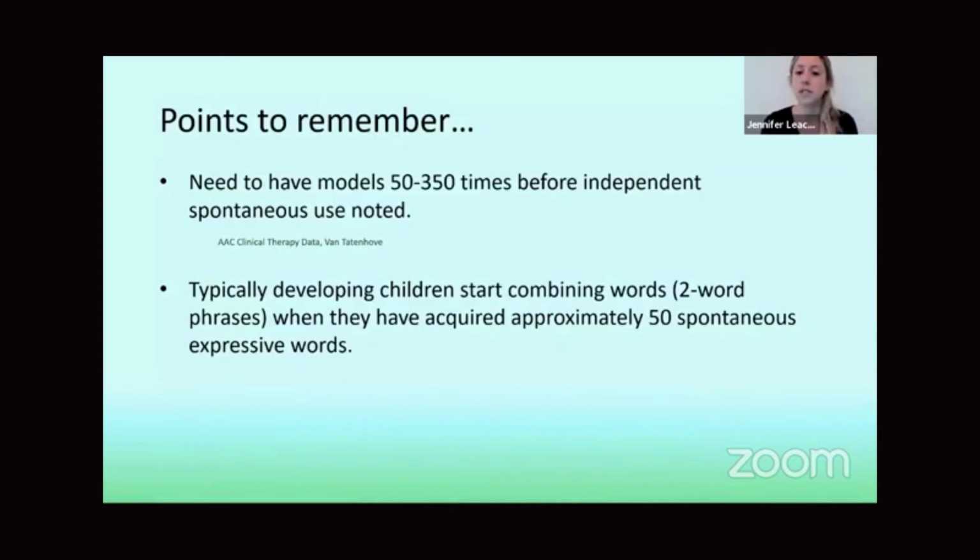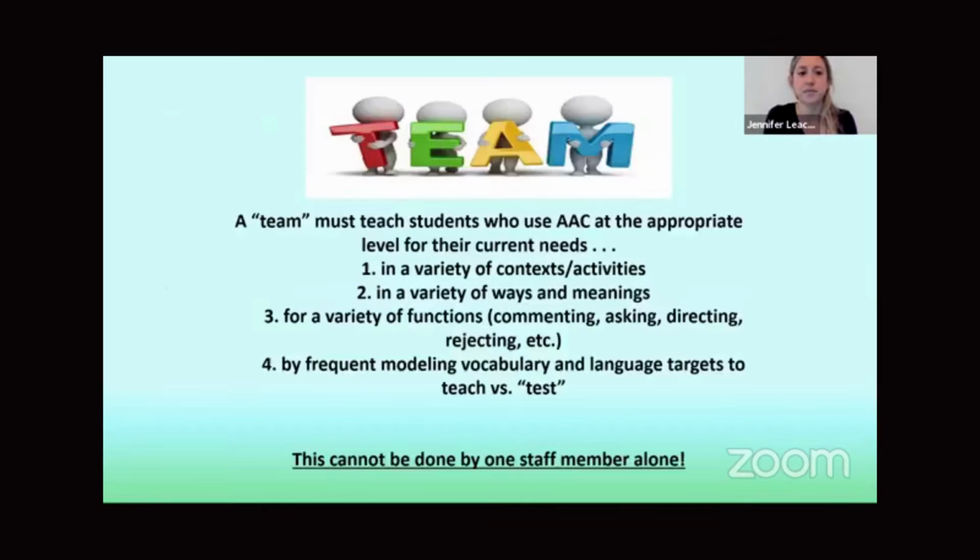So an individual first needs to have 50 expressive words, so they must be able to say 50 words before they're able to put those 2 words together. And before they're even able to have those expressive words, they need to understand first what those words mean. They have to receptively know all those words before they can express it.